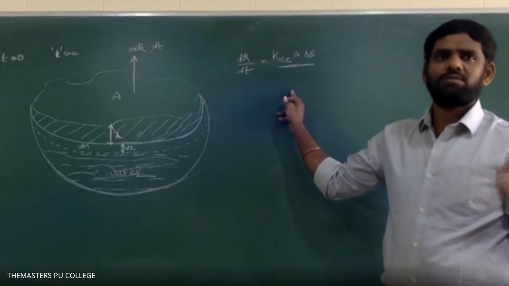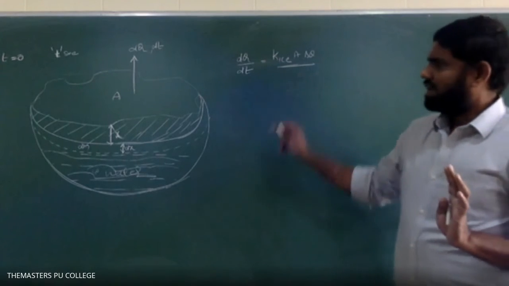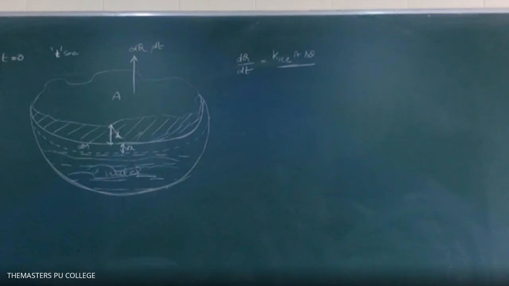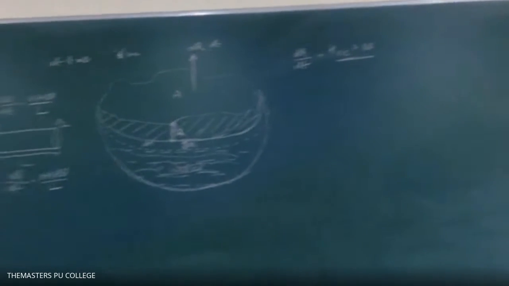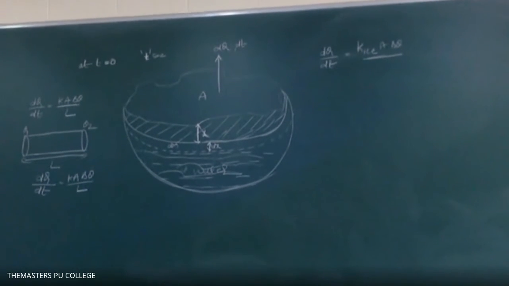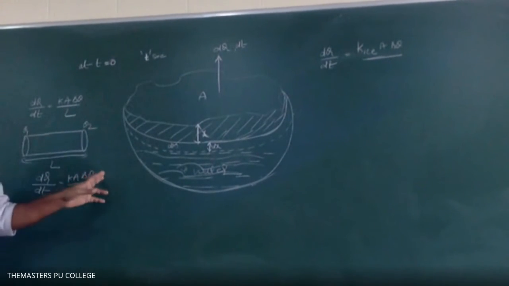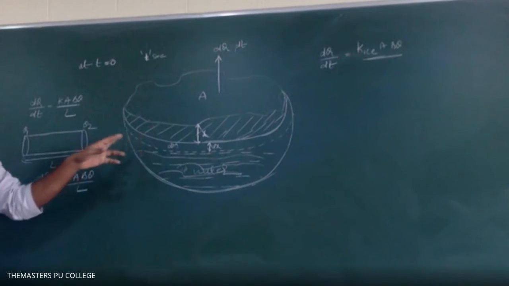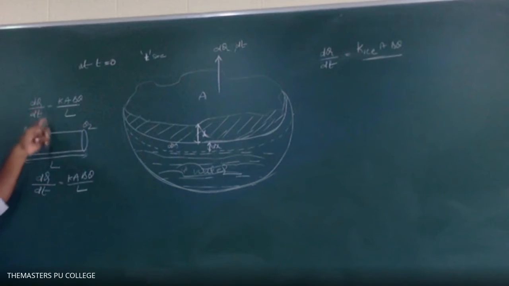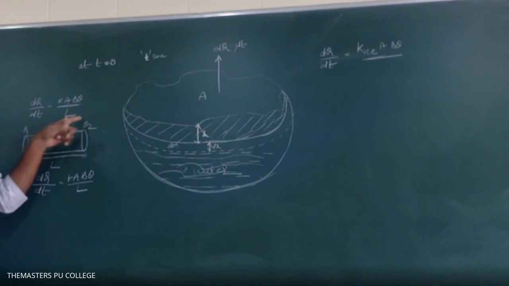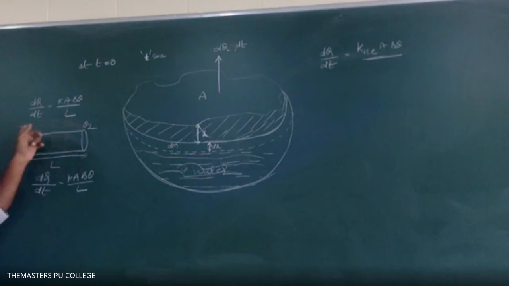Focus here. This is theta 1, this is theta 2, and this is the length. Yes, dq by dt equals K into delta theta by L, where L is the distance between the 2 points which are at theta 1 and theta 2.